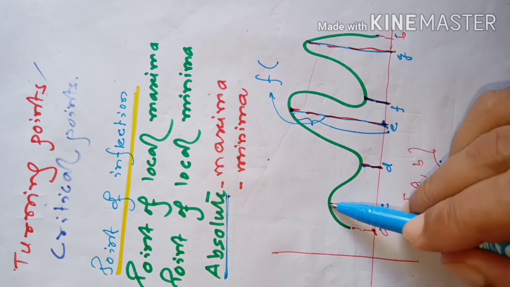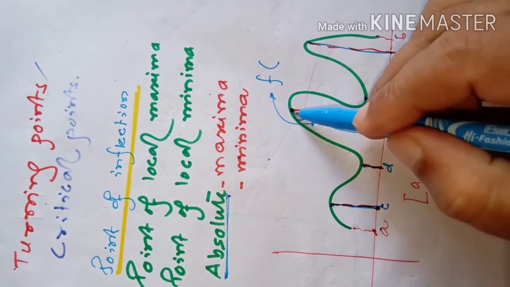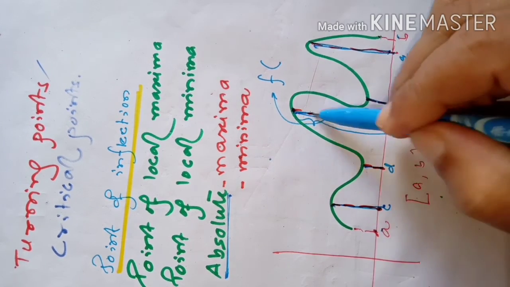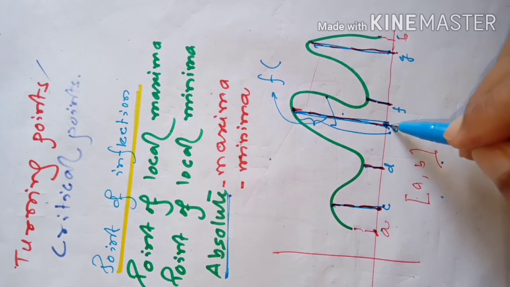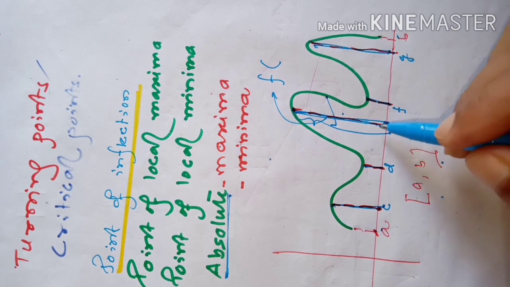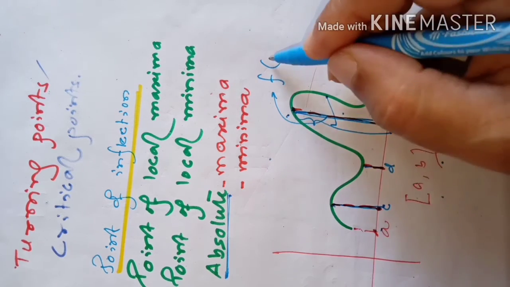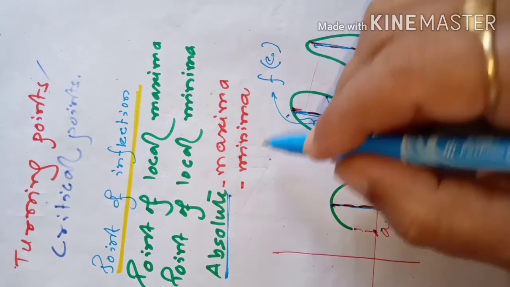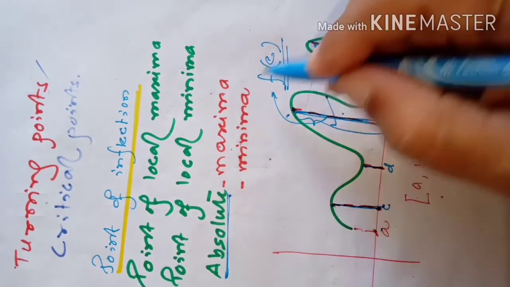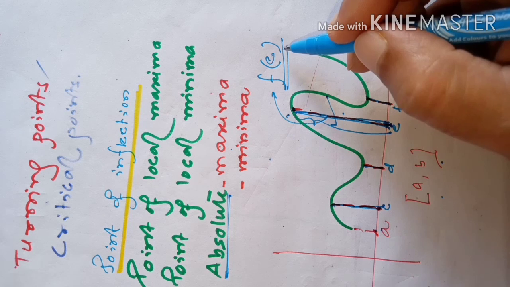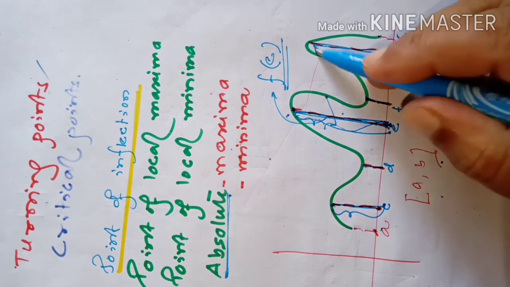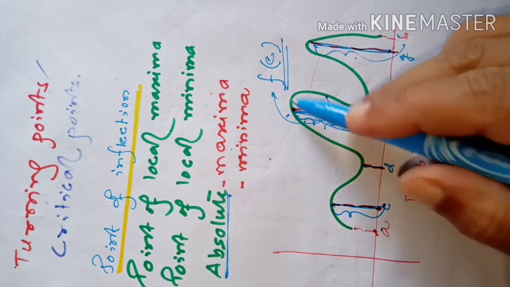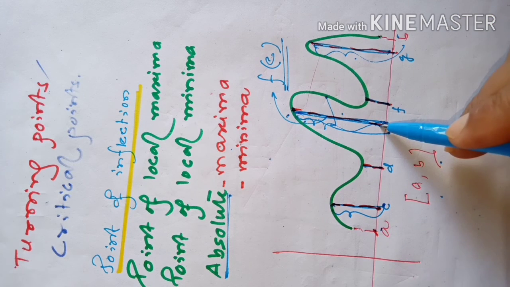So among the maxima, 1, 2, 3, this is the maximum one, means the highest one. We can say this point is the point of absolute maxima, and this value of the function, that is f of E, will be called absolute maximum value of the function f. Because this is also maximum, this is also maximum, but among these three, this is the highest one, greatest one.